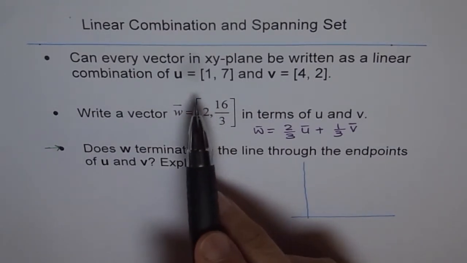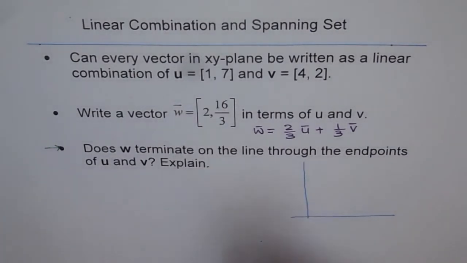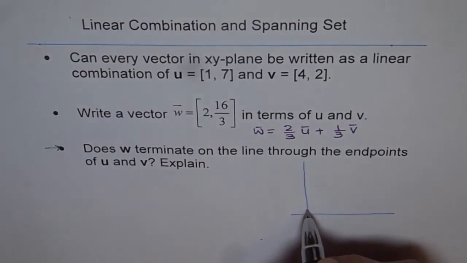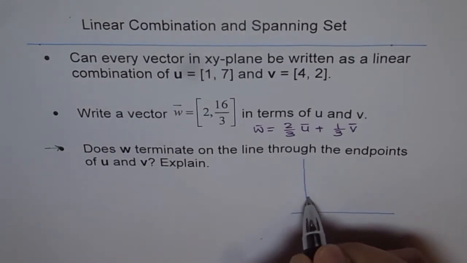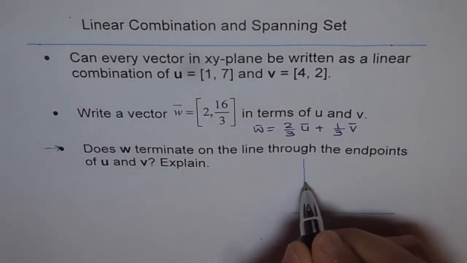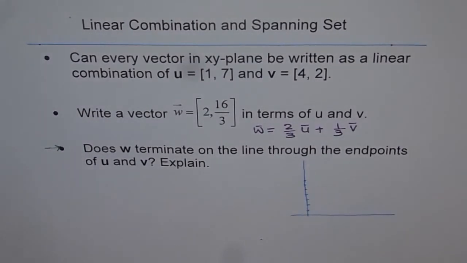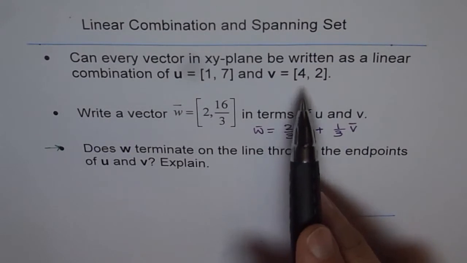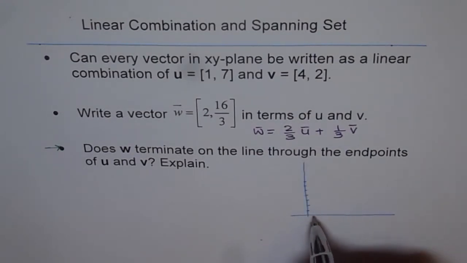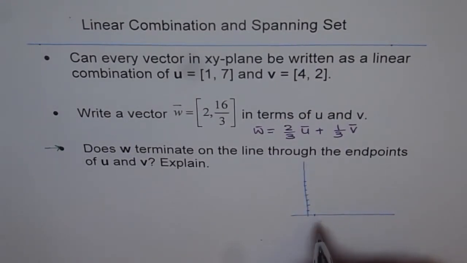So we want to plot a point u, which is (1, 7). Let's say the scale is like this: 1, 2, 3, 4, 5, 6, that is my 7. And on this side we are going up to 4. So let's go up to 4 here. So it's like 1, 2, or should we take longer? I'm just debating.